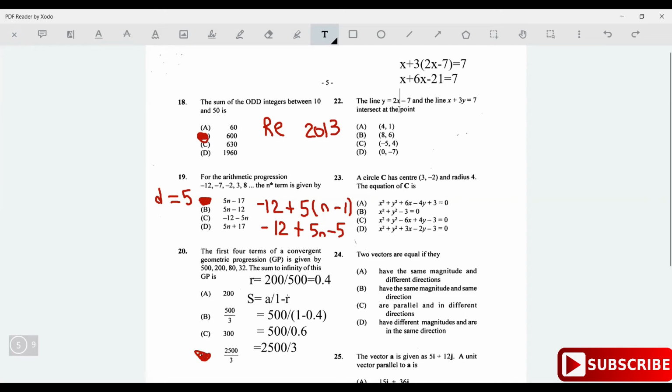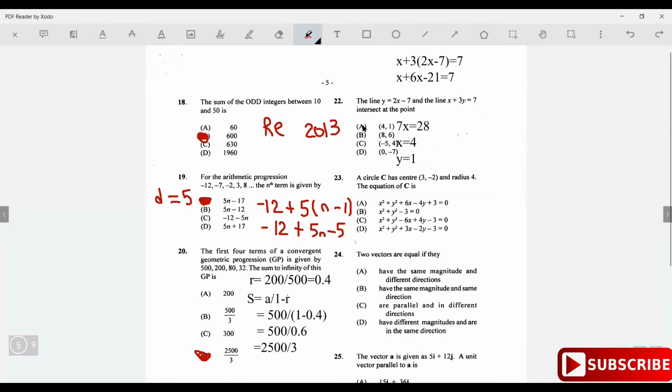Continuing, x plus 6x is 7x. And then you can bring over the minus 21, so you get equal 28, and so x equals 4. If x is equal to 4, you can find a y value. And so y is equal to, plug 4 in here, 8 minus 7, which is 1. Done. That's option A. Nice and easy.